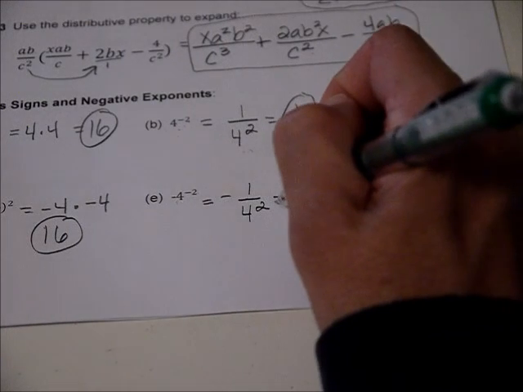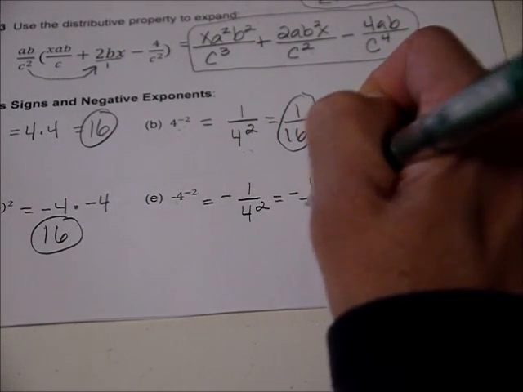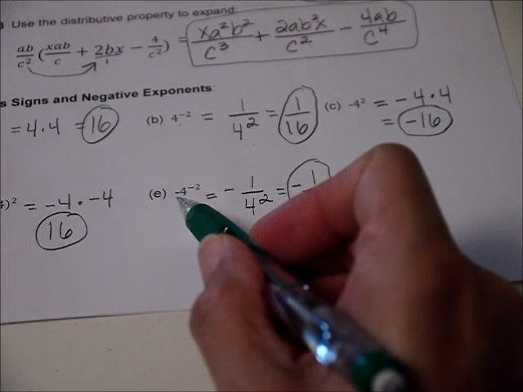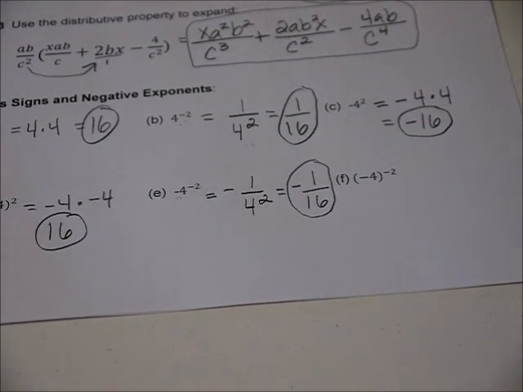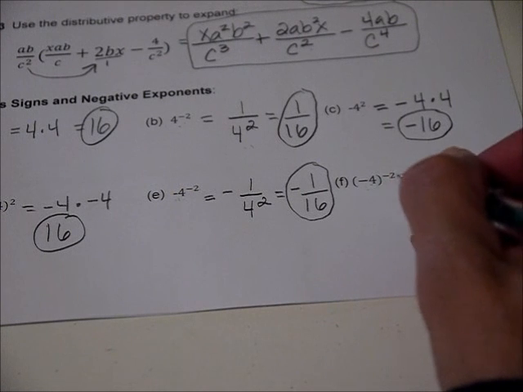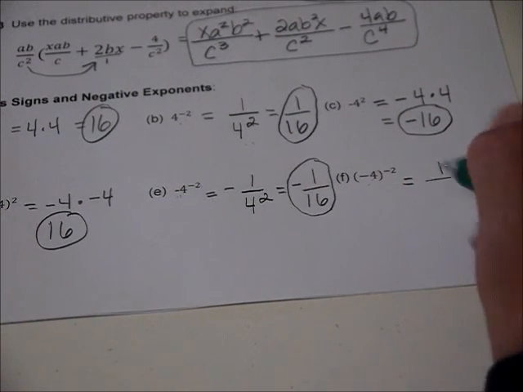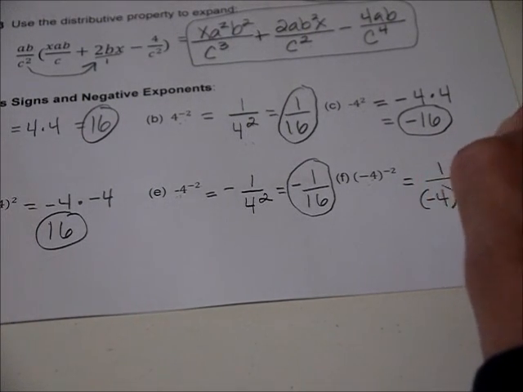So that's the same as negative 1/16. So just remember, this negative out in front was never squared. Now, this one does get squared, so what that equals is 1 over negative 4 squared.